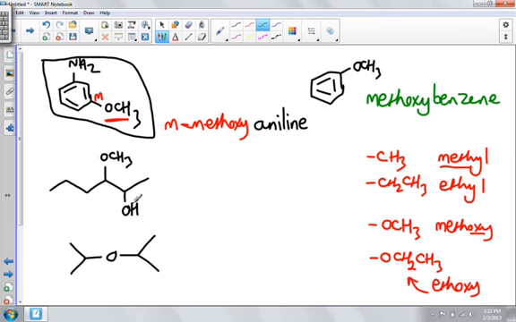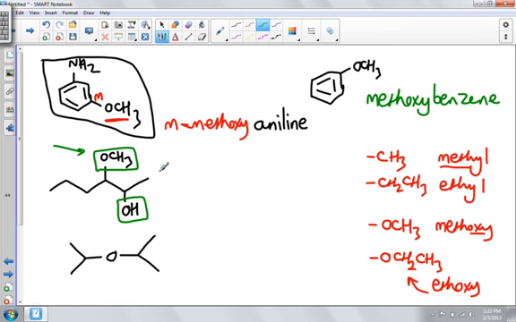Alright, so let's do this one. This is a slightly more involved version. Whenever we have two functional groups, this guy and this guy, we know how to name the molecule as an alcohol, so we're going to still name it as an alcohol, and we know how to name this guy as a substituent, so we will do it that way. So what's the longest carbon chain containing our carbon with the OH?